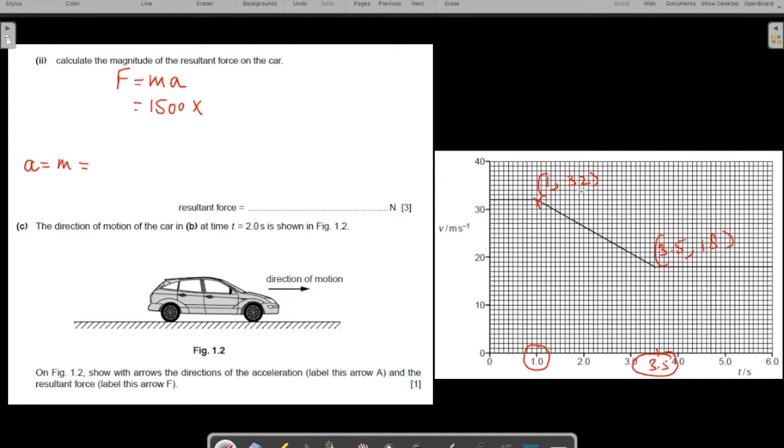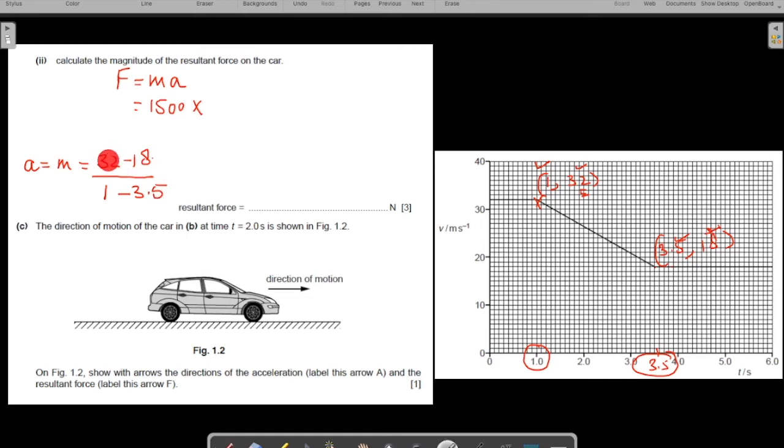So change in y, which is 32 minus 18. Let us write down the values. 32 minus 18 divided by, because you subtracted 32 and 18, you have to subtract 1 and 3.5. 1 will come first, 1 minus 3.5.